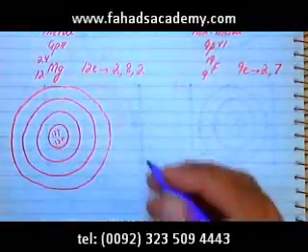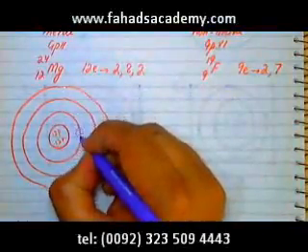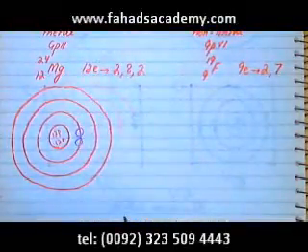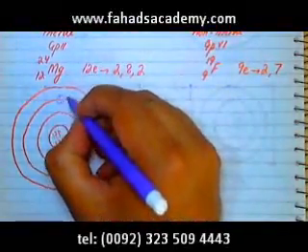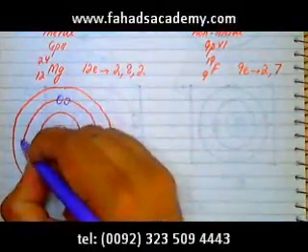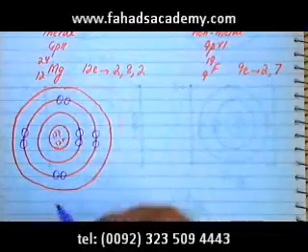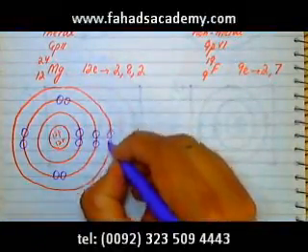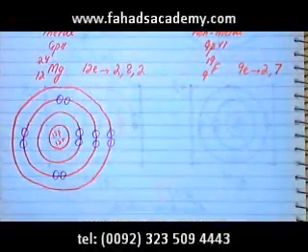There would be 2 electrons drawn with dots in the first shell, 8 in the second shell, and just 2 electrons in the third, the outermost shell.